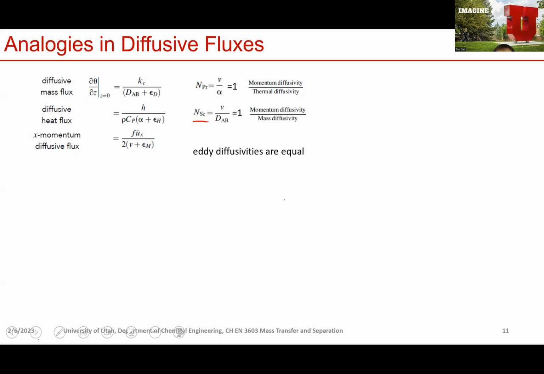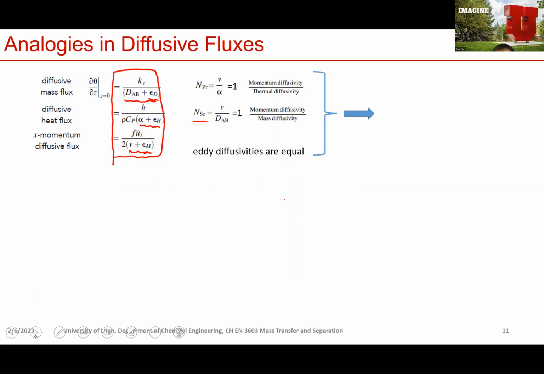And further, if we assume all eddy diffusivities are equal, that's to say epsilon D equals epsilon H equals epsilon M. Now what we find is this term equals this term equals this term, so we can just eliminate these three terms in this equation.